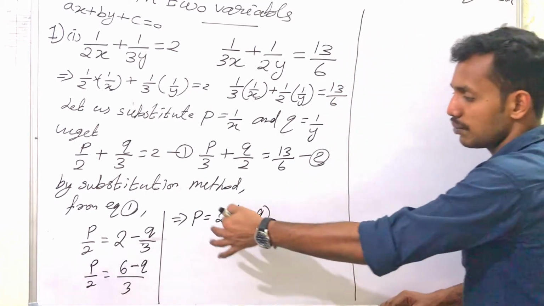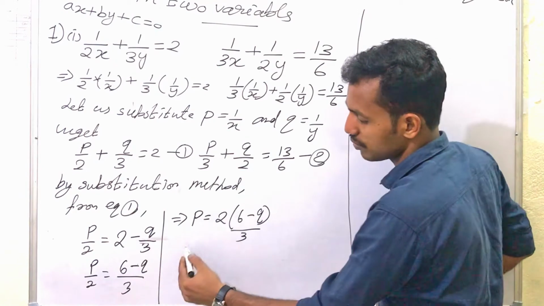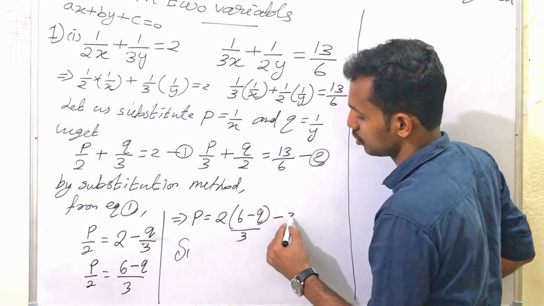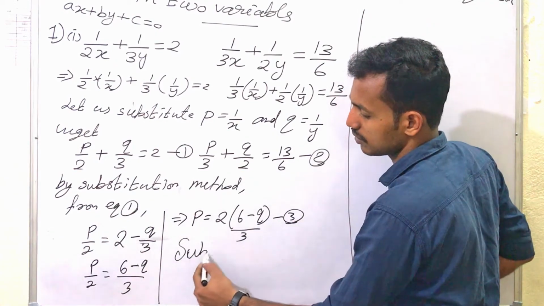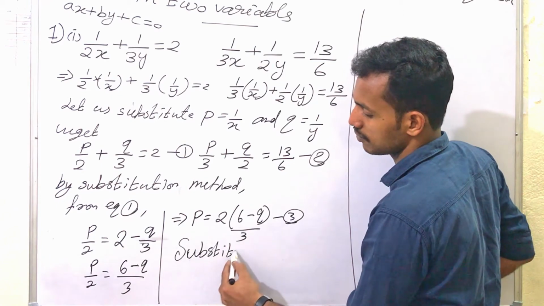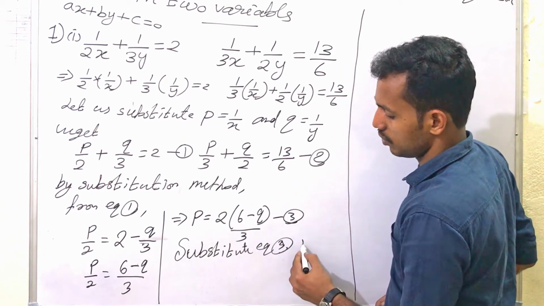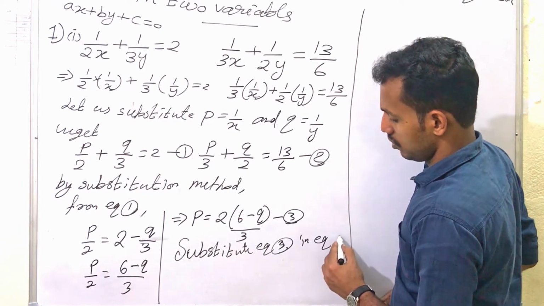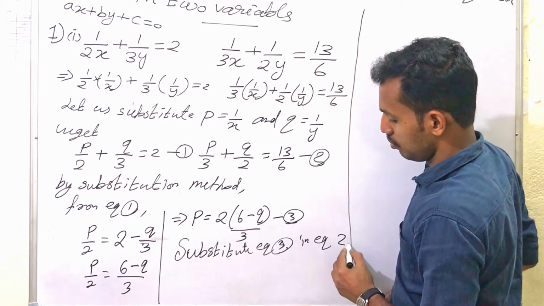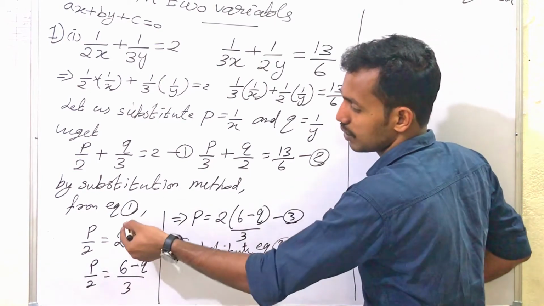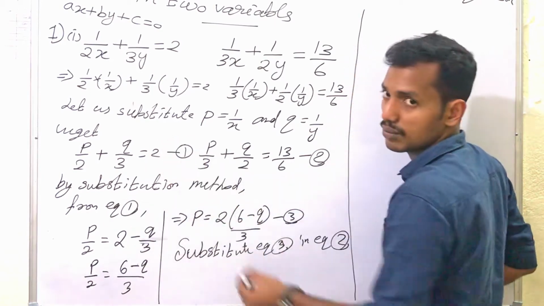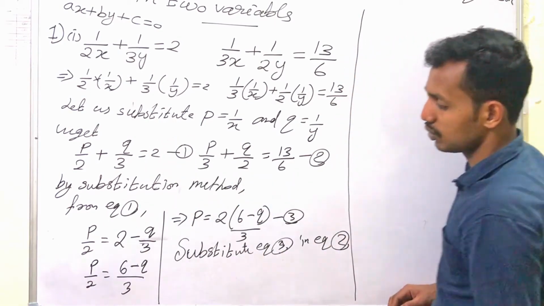That is, we have written P in terms of Q. This is equation number 3. Now substitute equation 3 in equation 2, because we have written equation 3 from equation 1, so we cannot substitute in the same equation itself. We need to substitute in equation number 2.